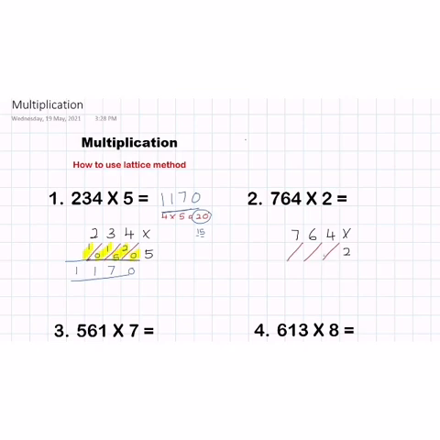Now to solve these questions we need to do times 2. So class, 4 times 2 is 8. How about this 8? There is only one digit. So how are we going to write that one digit here? Yes, exactly. You are going to write 0, 8.